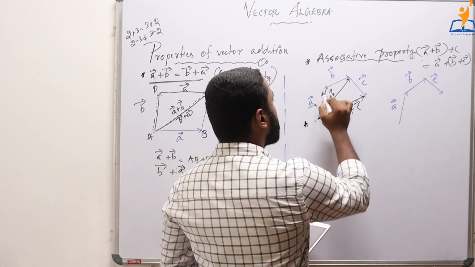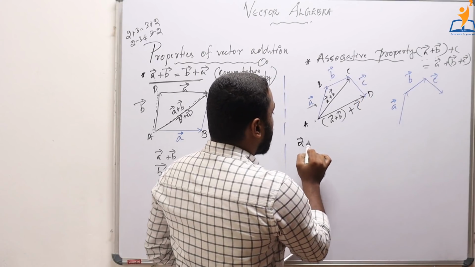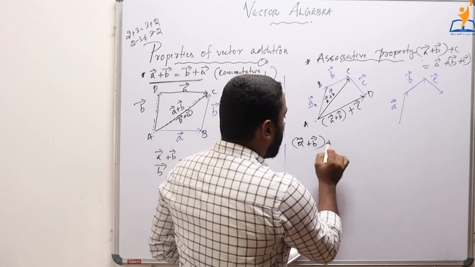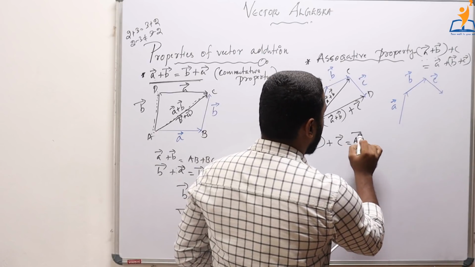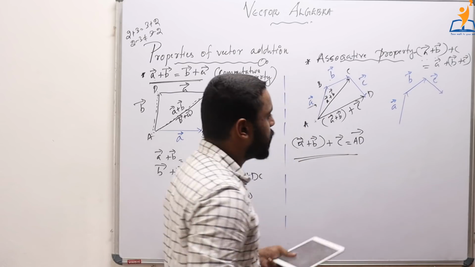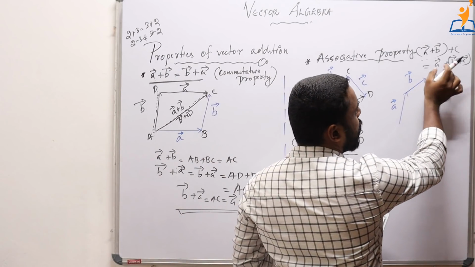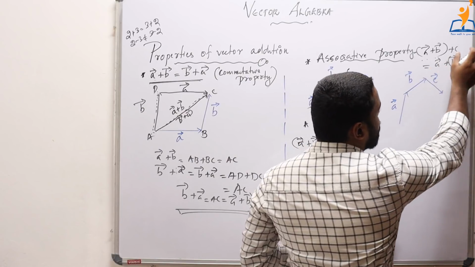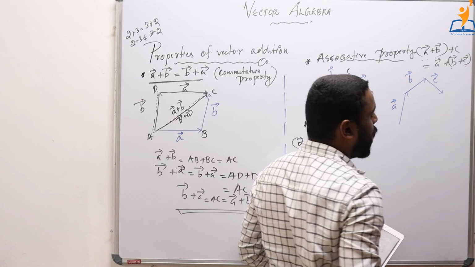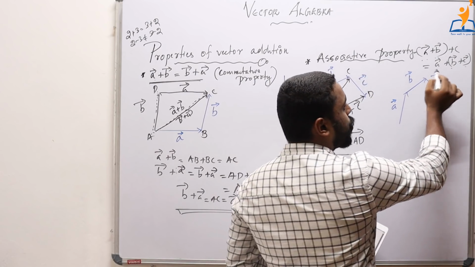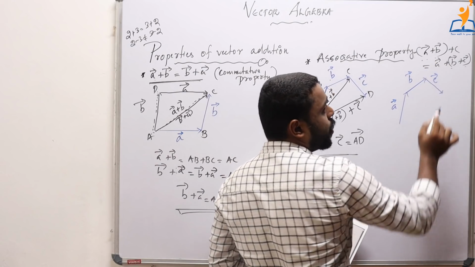If we name the points A, B, C, D, vector A plus vector B plus vector C is nothing but vector AD. Is it clear? Now we shall check the second condition, vector A plus vector B plus C. Here we have to add vector B plus vector C in the first step. Then we have to add vector A to it to check whether these two are equal or not.